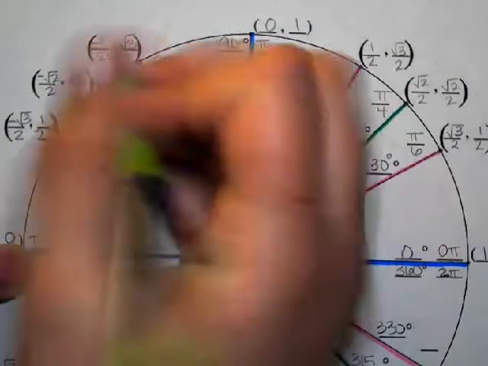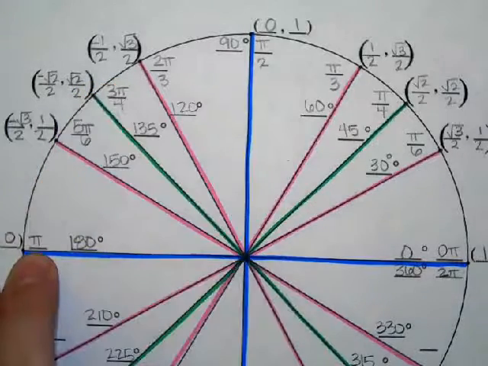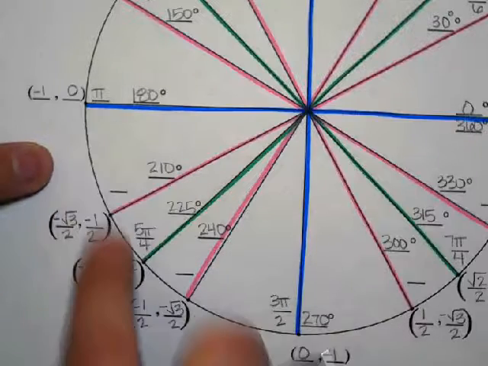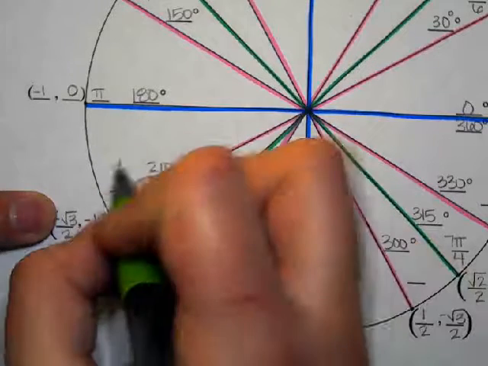Okay, let's start on the other half. Now, we got 7/6. We got 8/6, which is 4/3. We got 9/6.